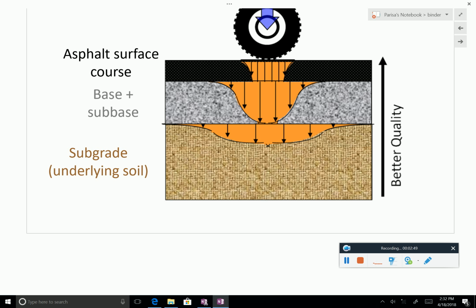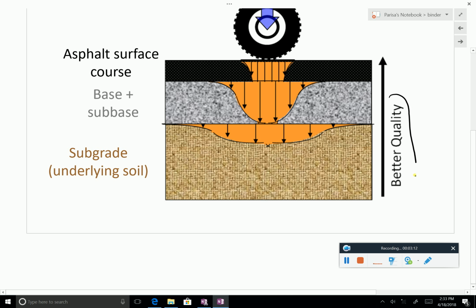As you can see, the load of the wheel is distributed. The highest intensity is supported by the asphalt concrete layer, and then it becomes less at the base and sub-base, and then the subgrade.